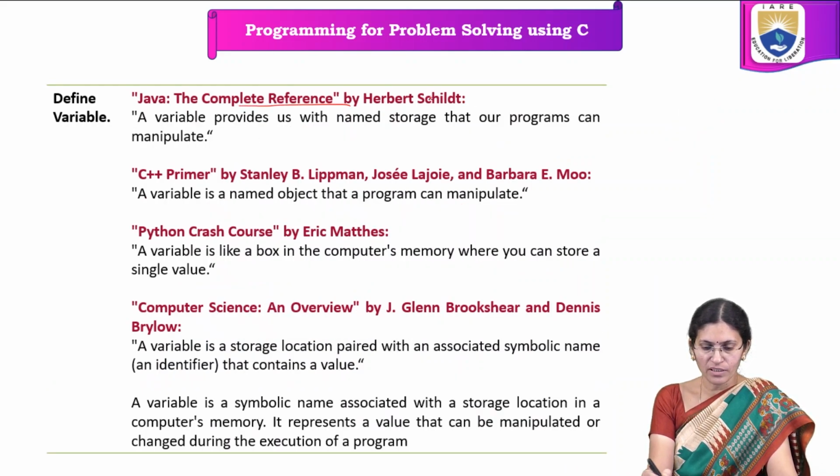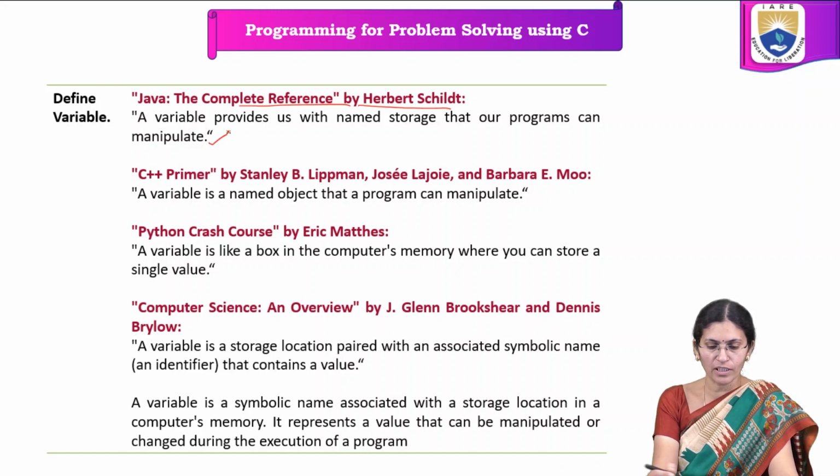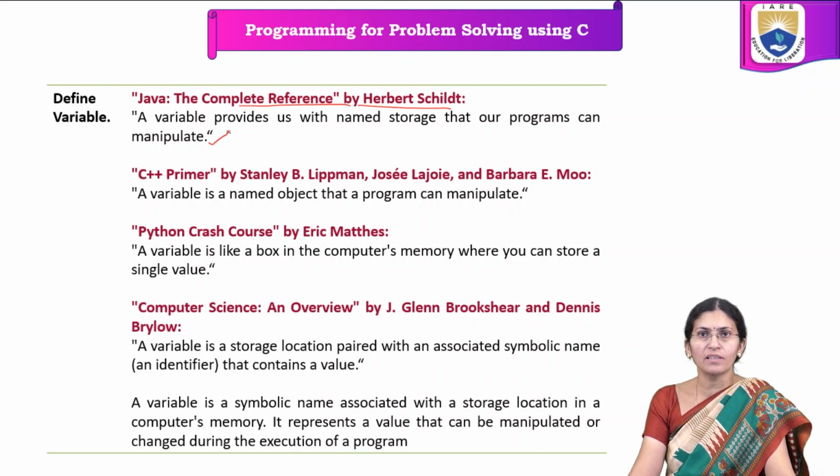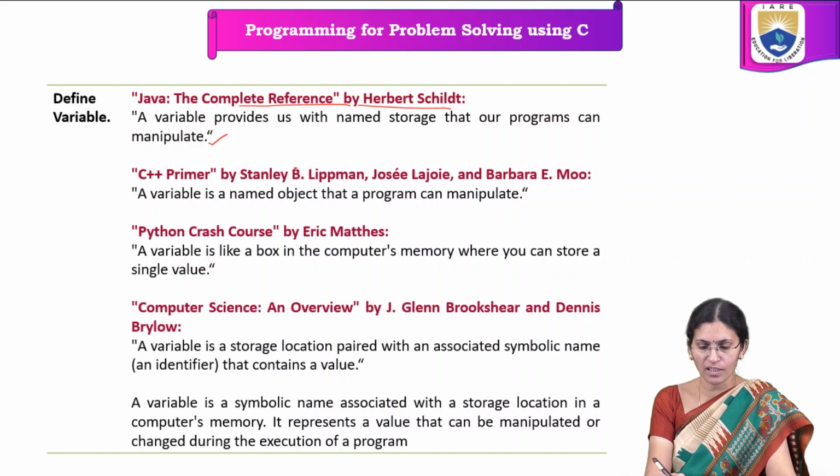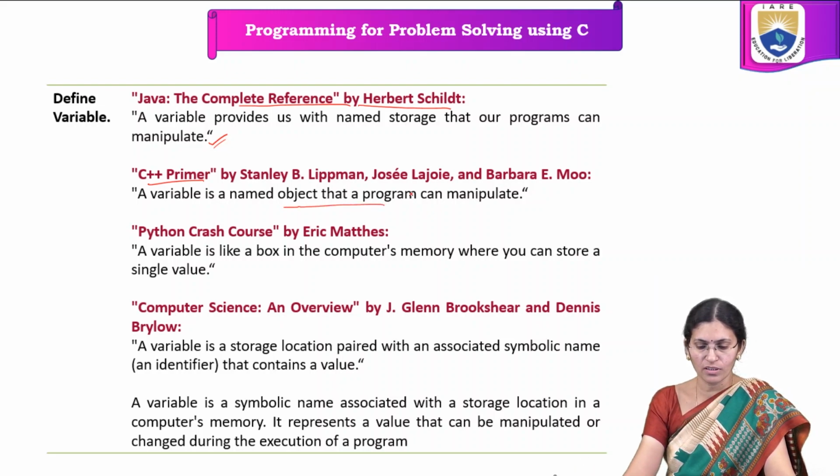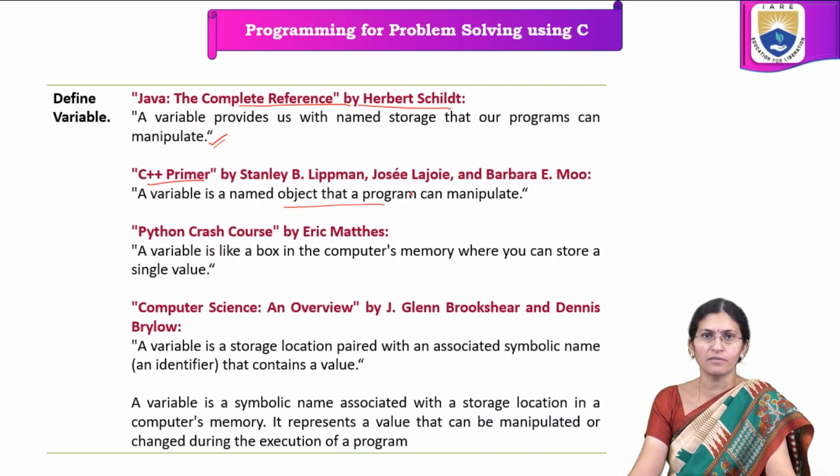Java, the Complete Reference by Herbert. According to him, a variable provides us with named storage that our programs can manipulate. In the textbook C++ Primer written by Stanley, Josie and Barbara, a variable is a named object that a program can manipulate.